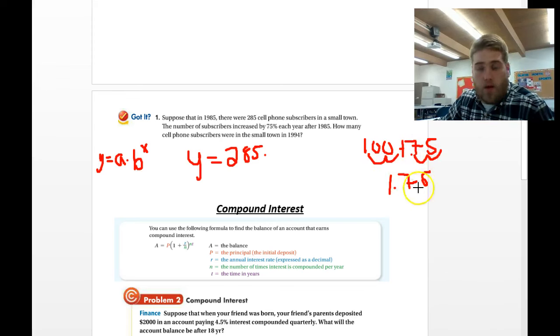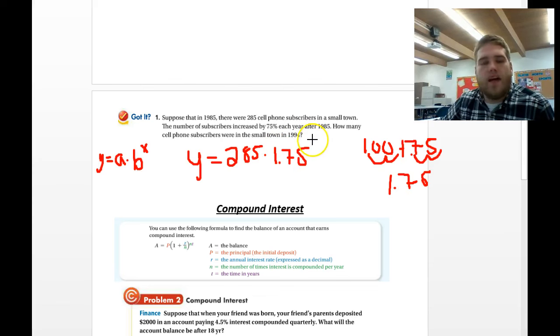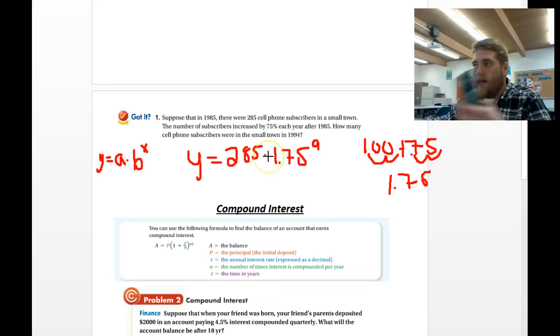Add those together and we get 1.75. Then x is the number of years. From 85 to 94, that's 9 years. So there's my formula. Now all I have to do is plug that into the calculator.